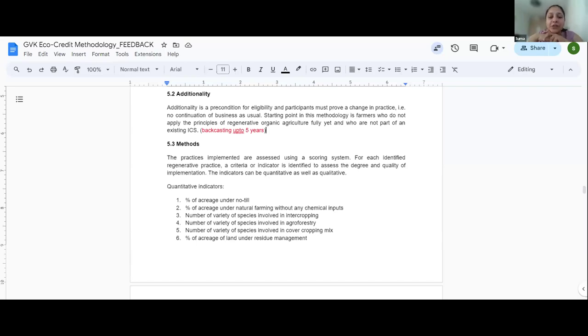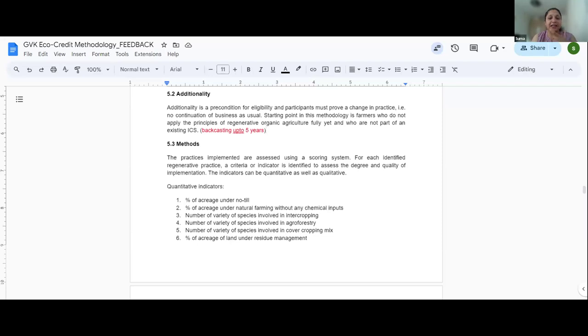So first is that, as far as we see in the voluntary carbon market definitions, additionality is very much related to proving the financial gain or incentive part, in the sense that farmers wouldn't have opted for this project if there was no financial incentive, or this is the financial element that is prompting farmers to shift.